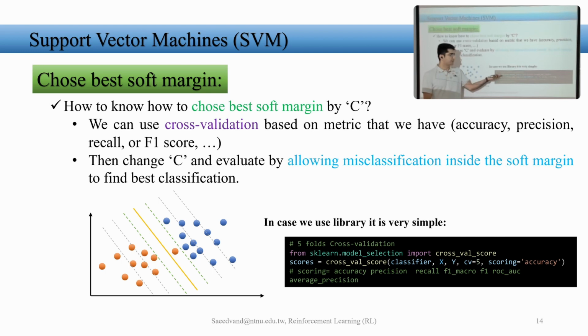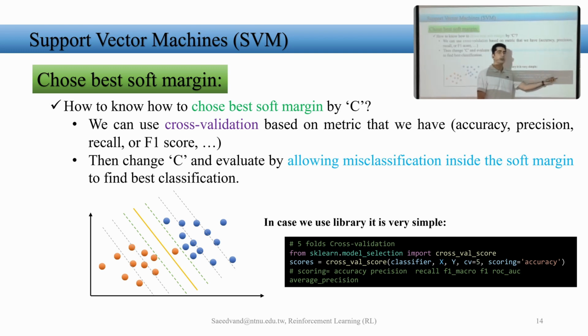For example, from scikit-learn, you can import cross_val_score, and after you import it, just 1 line. scores is equal to cross_val_score. You give the classifier, you give X as the data input, y as the labels that you have, and the number of folds that you want to have, for example cv equal to 5 here. It means that we have 5-fold cross-validation.